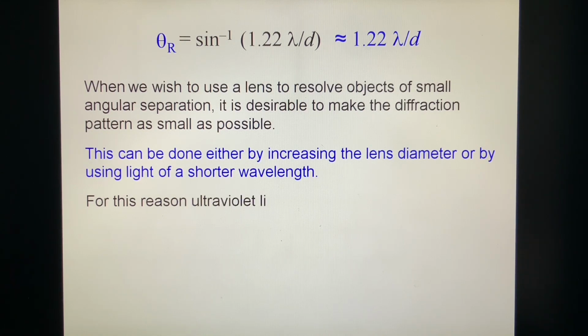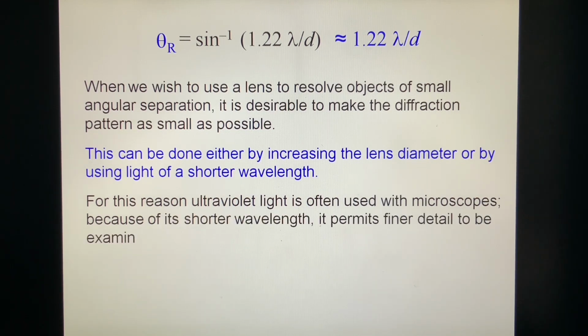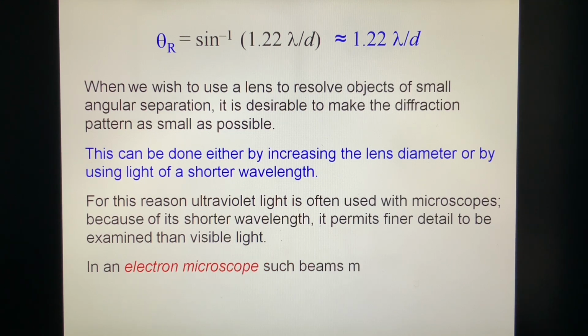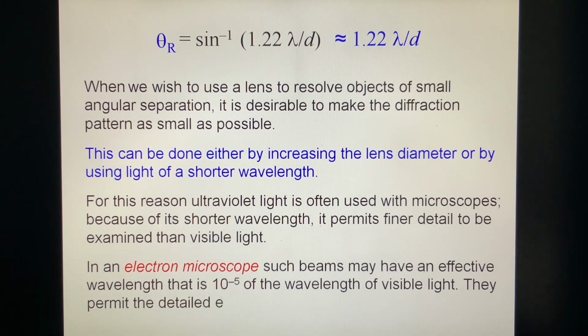For this reason, ultraviolet light is often used with microscopes because of its shorter wavelength. It permits finer detail to be examined than visible light. In electron microscopy, such beams may have an effective wavelength that is 10 to the -5 of the wavelength of visible light. They permit the detailed examination of tiny structures.